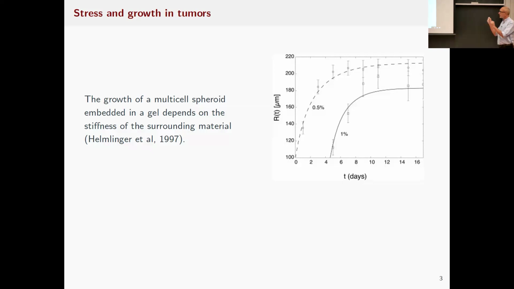So this is a first evidence that there is an inhibition of growth due to mechanical stress. However, this kind of experiment was very nice, but a little bit difficult to reproduce mathematically, because the mechanical properties of the gel are not trivial, and then you have a load that is larger and larger as the size of the spheroid grows.